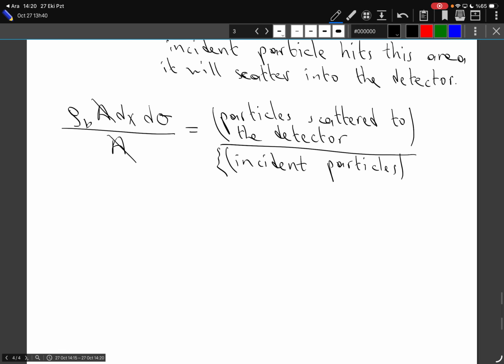Let's look at it this way. Let me rewrite this. What are the particles? Particle flux into my detector. Let me look at this one. Well, this will be particles to my detector.